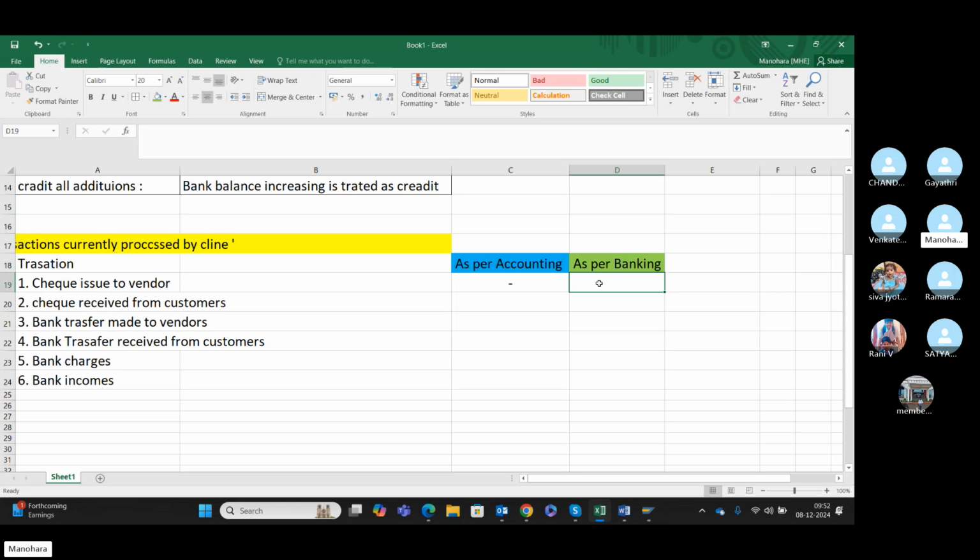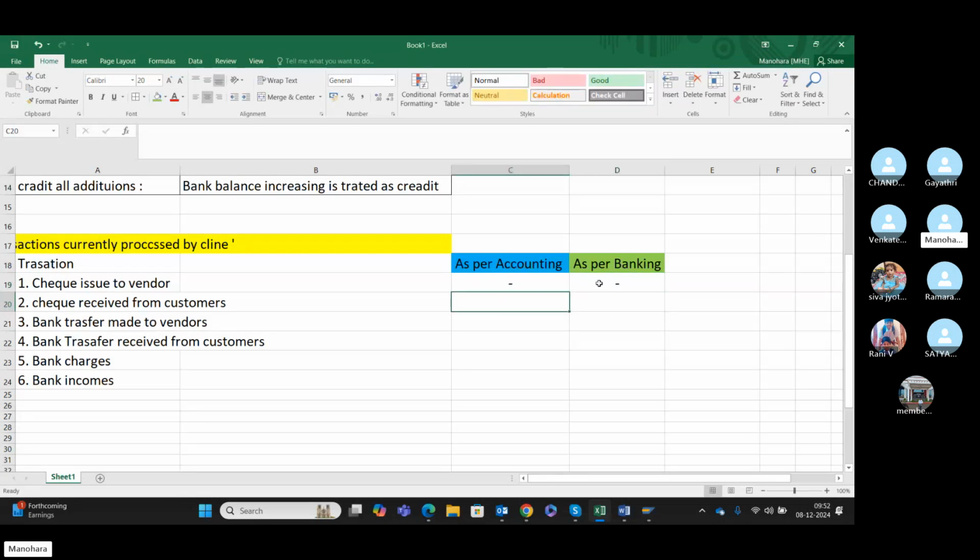If your check is issued to vendor as per banking, what are they doing in our account, will they add or deduct the amount from your account? They will deduct, right? Deducted, sir. So it means minus, right? Yes, sir.